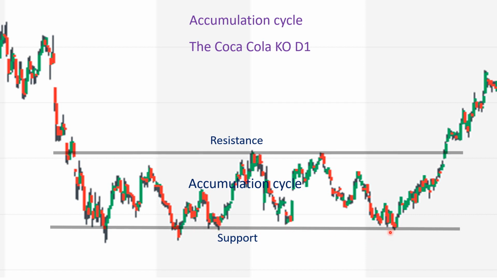In this situation, we can witness a slow transition from downtrend into a directionless, unprofitable accumulation phase, where the price is ranging and consolidating within these two levels, support and resistance. The price advancement becomes smaller and smaller until it becomes flat, sideways.